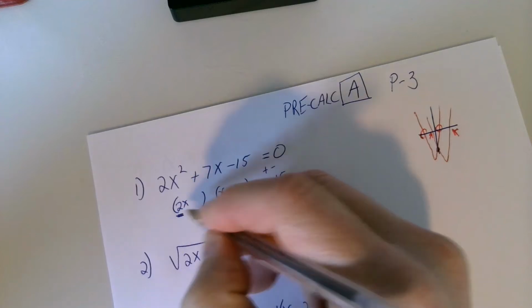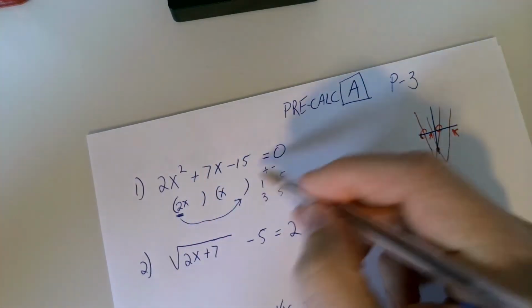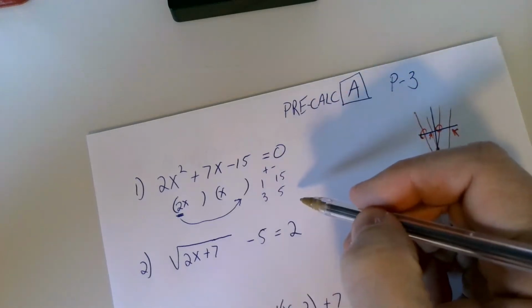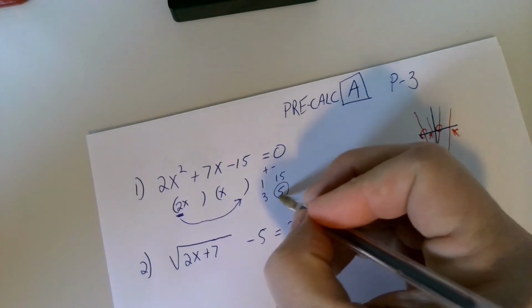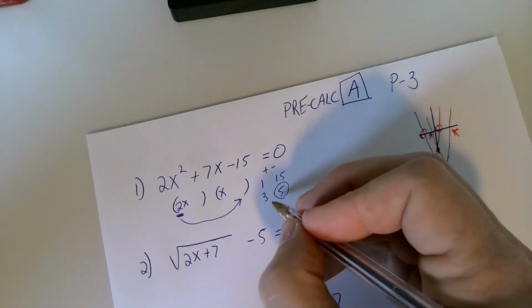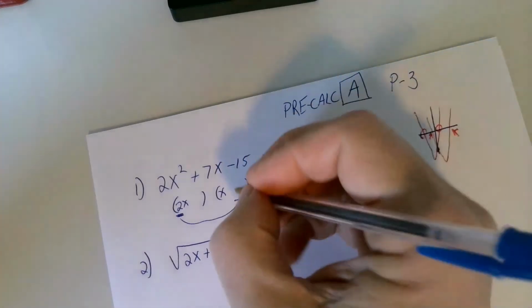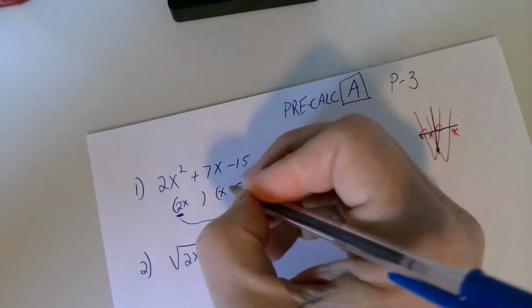However, one of these numbers is being multiplied by 2. So which of these numbers could I multiply by 2 and then have a difference of 7? I'm hoping that's obvious then. If I multiply that 5 by 2, that would give me 10, and the difference between 10 and 3 is 7. So I'm going to put the 5 right there, and I know I need this to be positive 7.